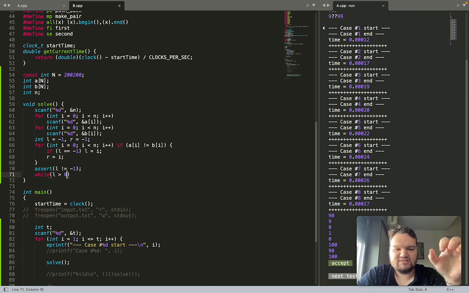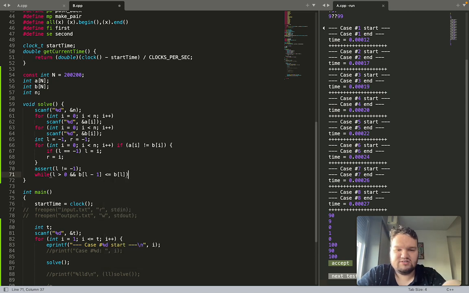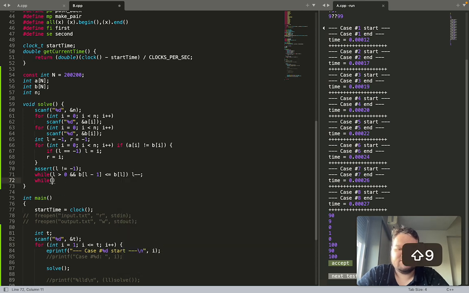Now, while the left border is not at the first element, and in the resulting array the previous element is not greater than the current leftmost, we can move the left border, and the same thing for the right border.